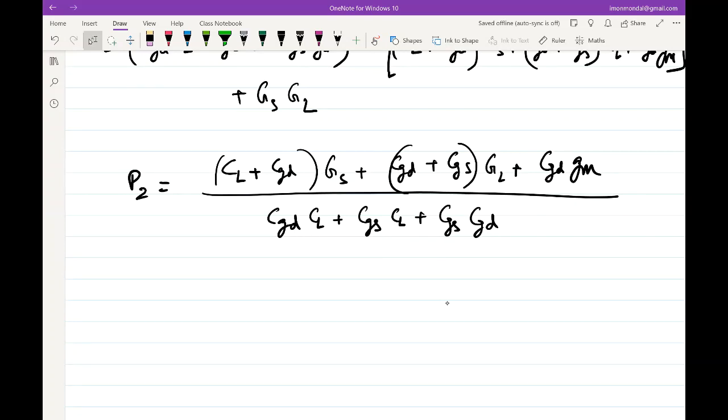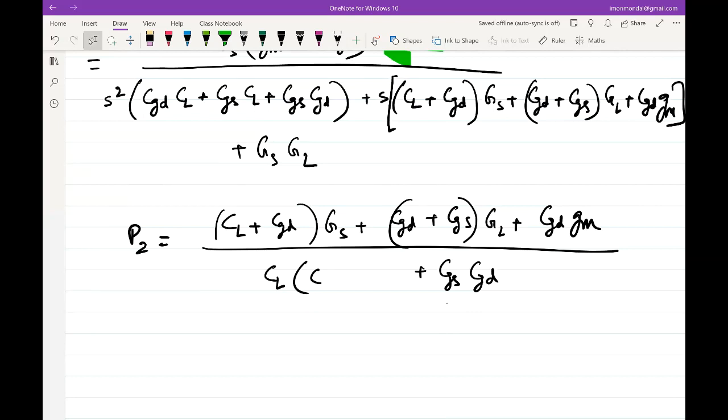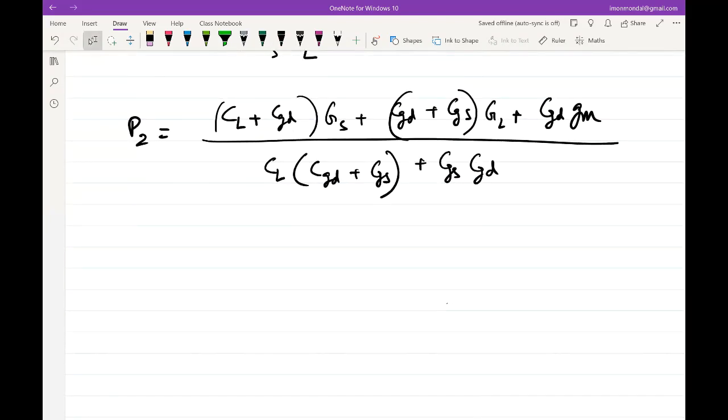So what I'll do, I will club this CL in the denominator together. So this becomes CL... CGD plus CGS. The reason I'm clubbing these two together is to give you a reason as to why I'm doing this. Ultimately, the output side is something goes here, connects here.